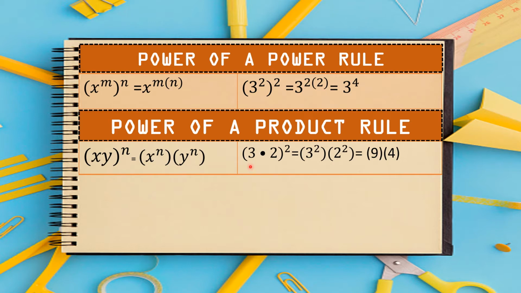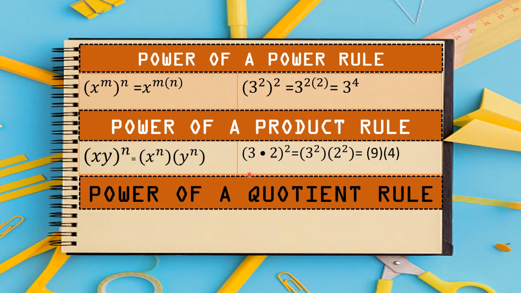Example, 3 multiplied by 2 raised to 2 is 3 raised to 2 multiplied by 2 raised to 2, and that is 9 multiplied by 4, so 9 times 4 is 36. Simply, 3 times 2 is 6 raised to 2, which also yields 36.